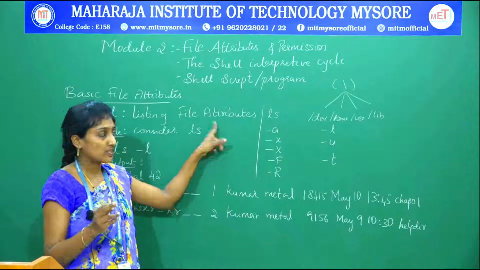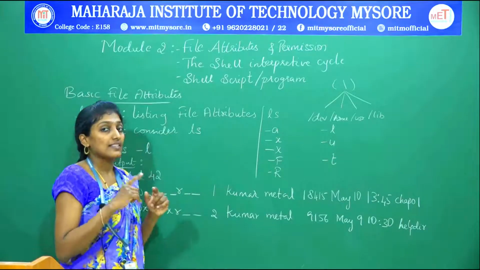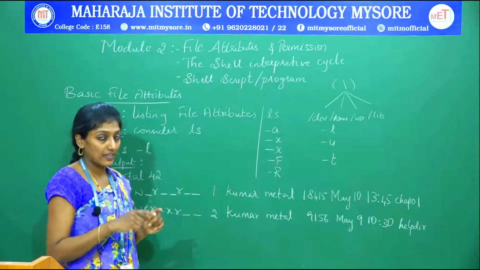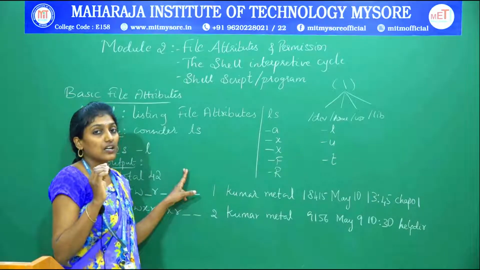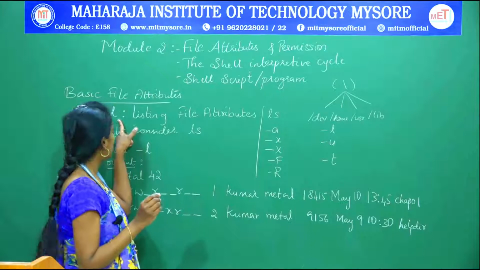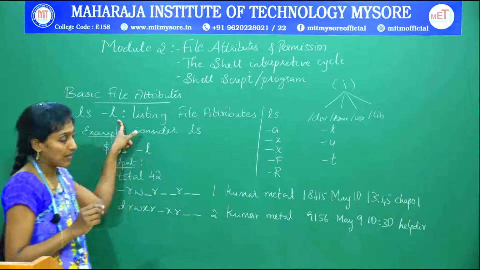ASCII collating sequence means it is going to list out 7 types of attribute data for this ls command.